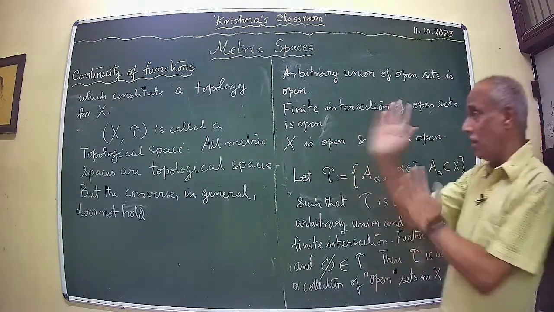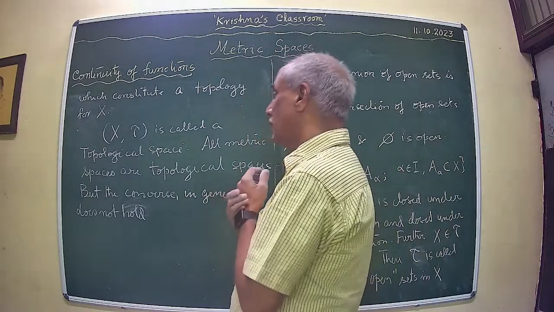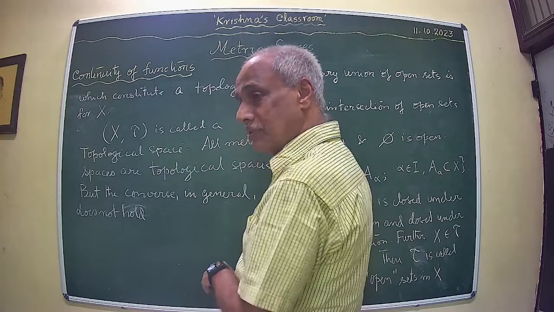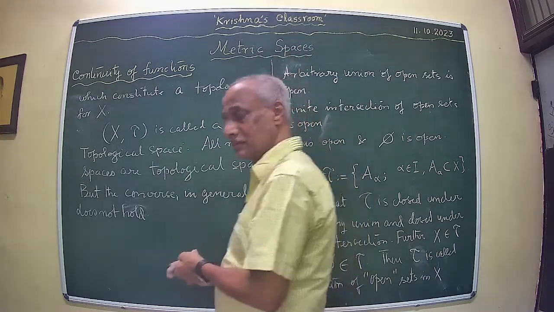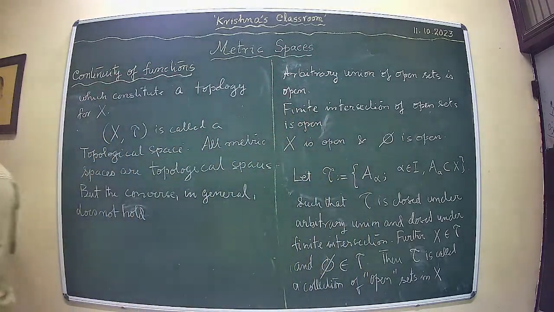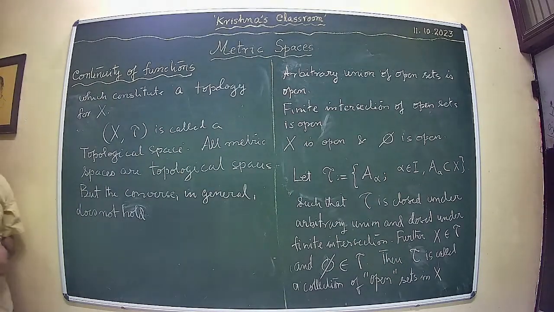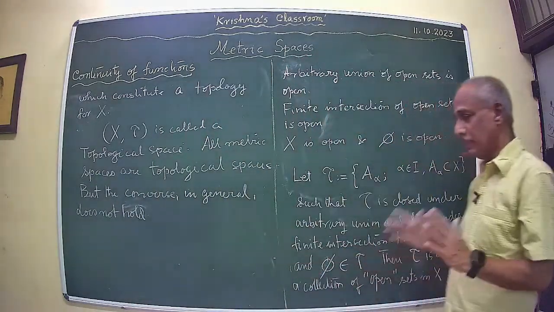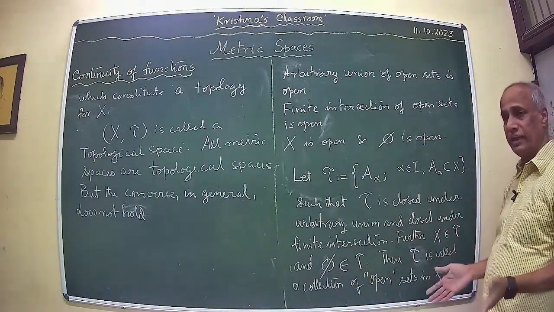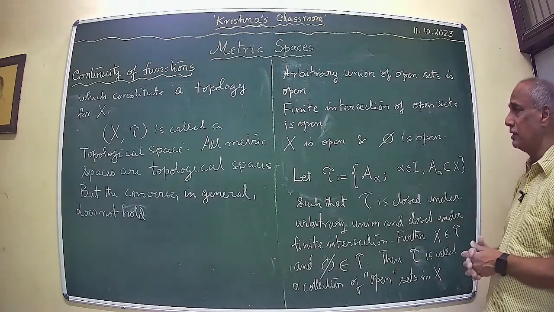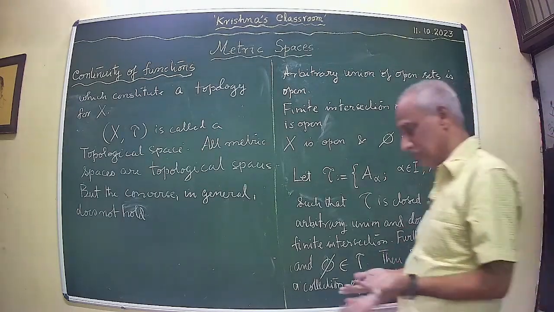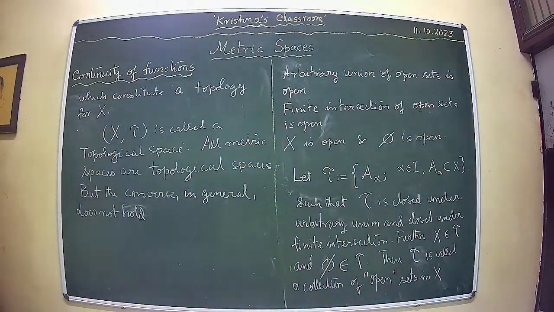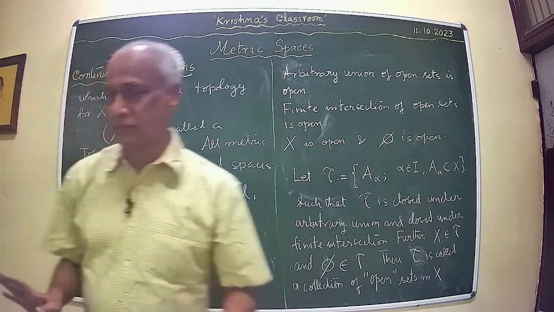Then X along with this particular tau is going to be very similar to what we have done here. So we shall call these sets open sets, and the whole collection is said to provide what is called a topology for the space, or X along with this collection of so-called open sets becomes a topological space.